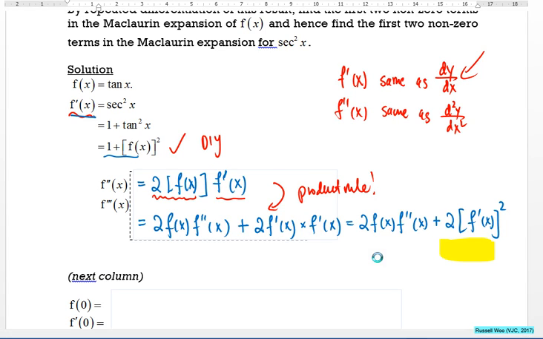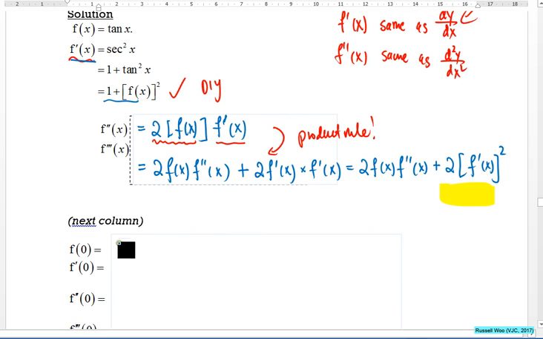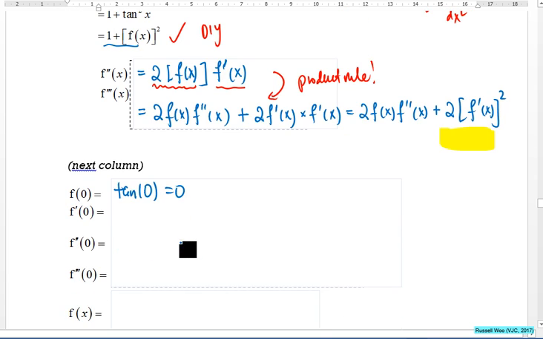Now, obviously when x is 0, we can easily substitute. We get f(0) is tan 0. All good? No problem.